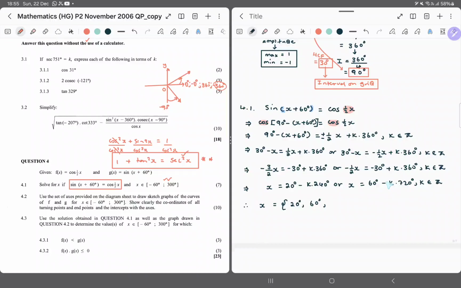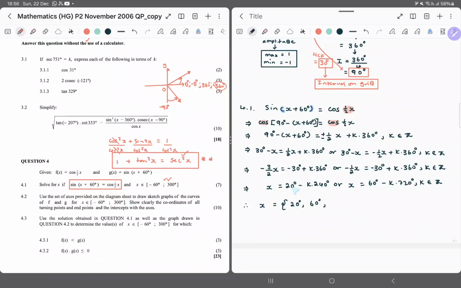But now when k is 1 here, it doesn't work. So when k is 1, it doesn't work on both equations.